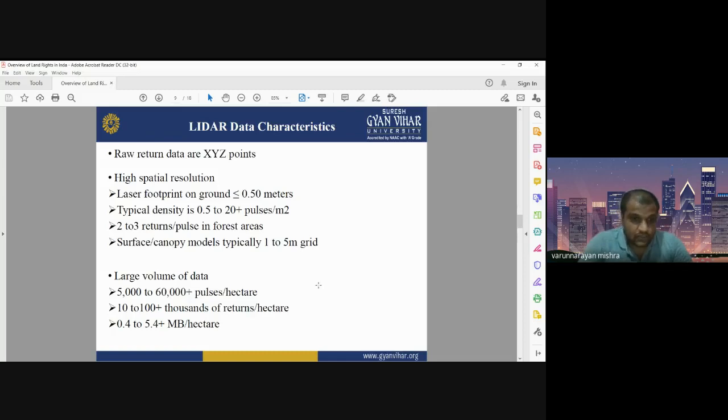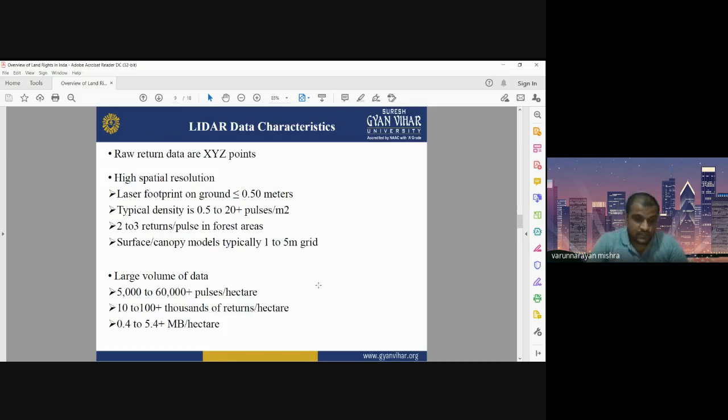It also provides us a large volume of data. High spatial resolution means a large volume of data. If we have 5,000 to 6,000 pulses per hectare, or 10 to 100,000 returns per hectare, it will provide you data of around 0.4 to 5.4 MB per hectare.